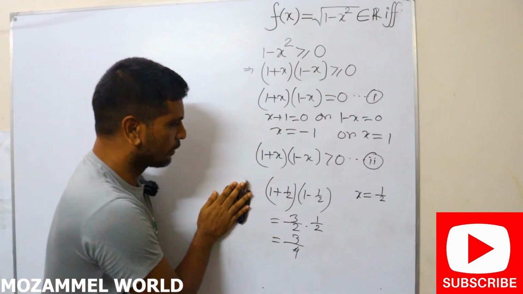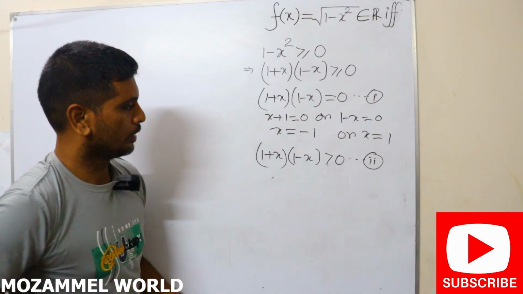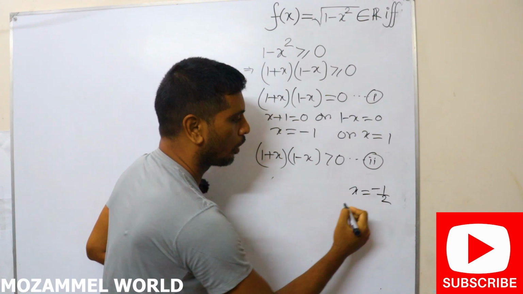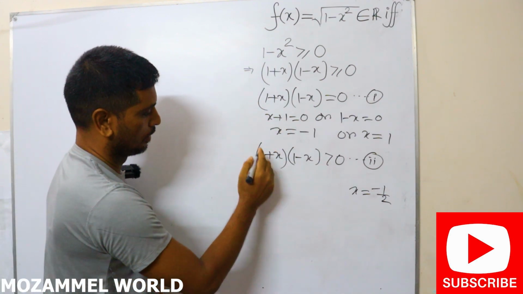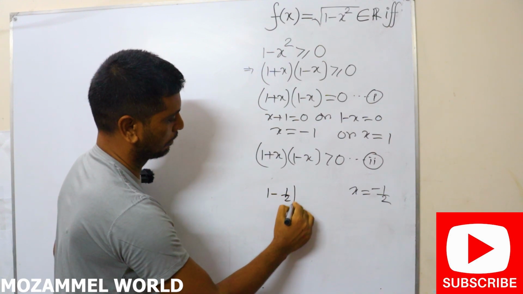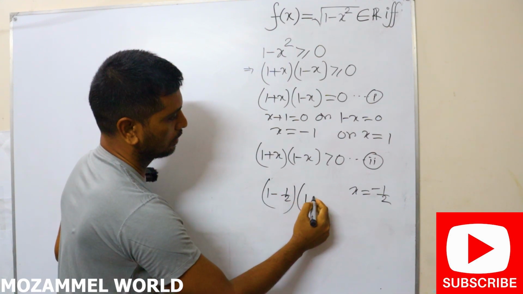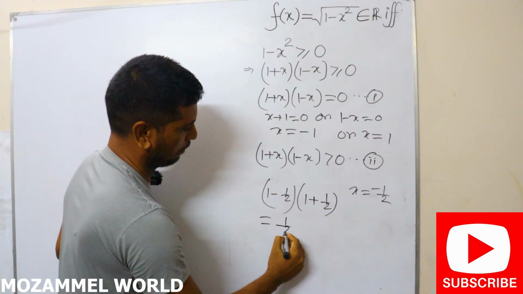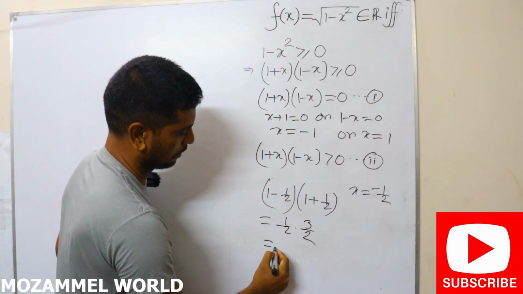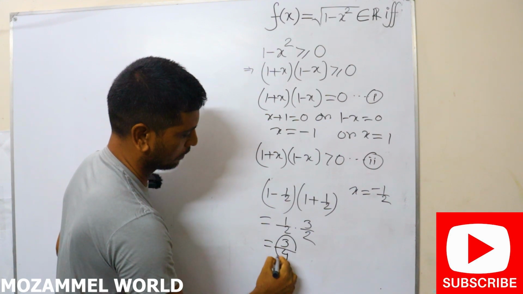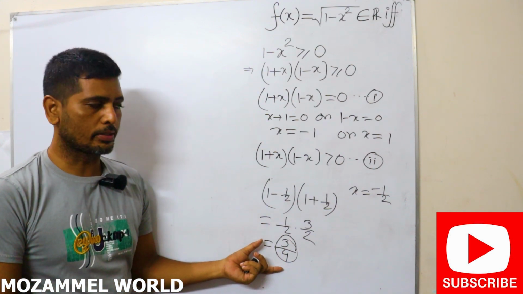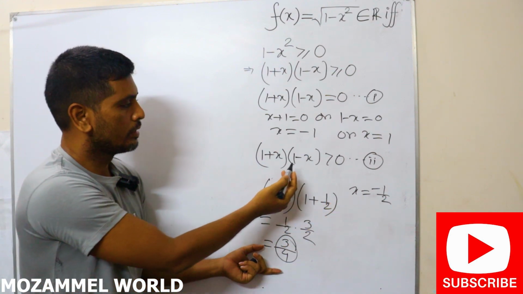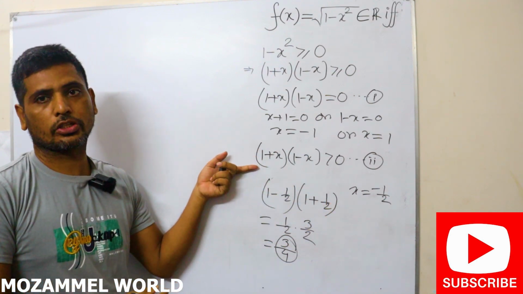I'm going to put another value. If I put x equals minus half, what will happen then? 1 minus minus half is 1 plus half, times 3 by 2, that means 3 by 4. So 3 by 4 is positive. So x equals minus half also satisfies our condition 2.